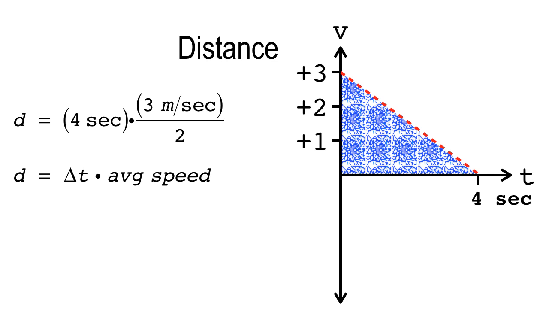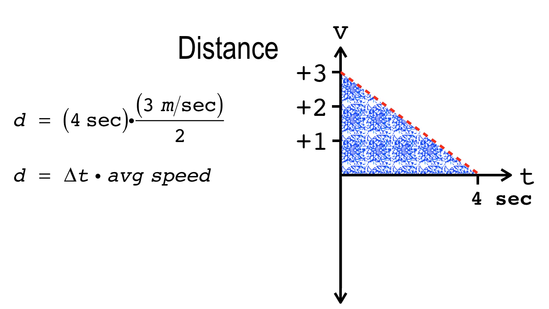But now, the average speed is the amount of speed that you've lost divided by 2. By the time you've stopped, you've lost 3 meters per second. All right.